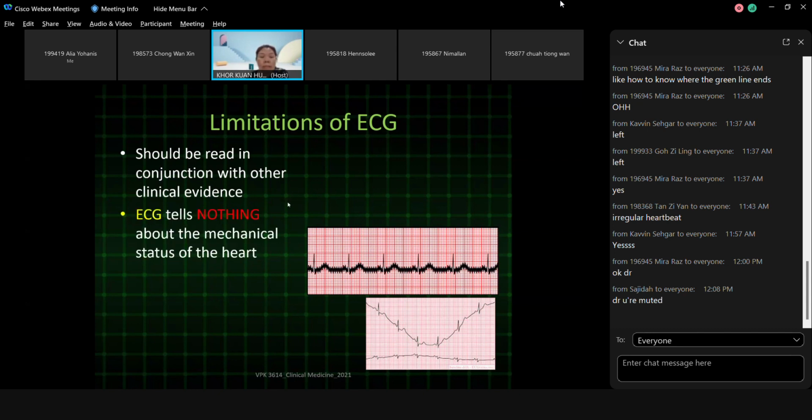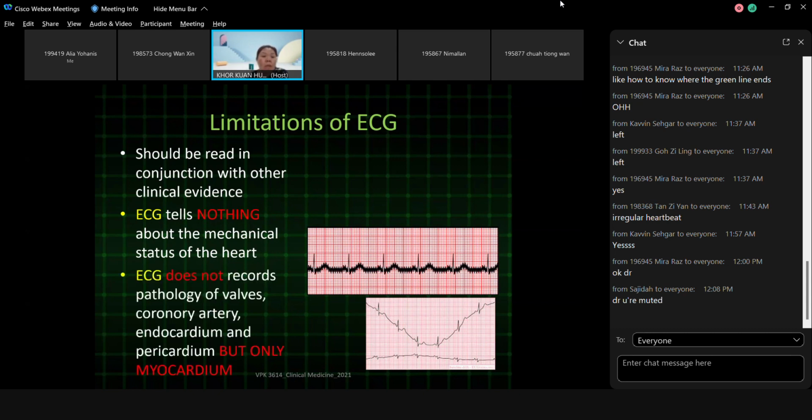Now, ECG tells you nothing about the mechanical status of the heart. In fact, in terms of structural issues, it doesn't tell you much. It just tells you the conduction from the SA node to the AV node, left bundle branch, right bundle branch, and the Purkinje fibers. That's all.